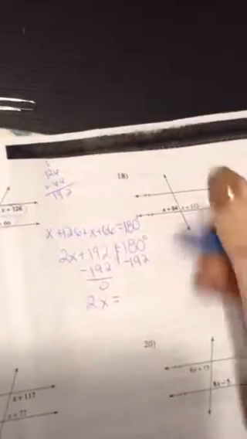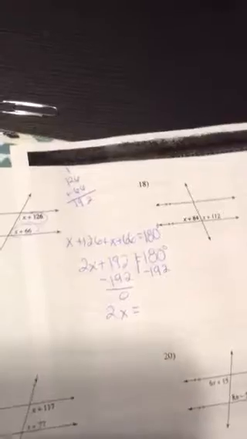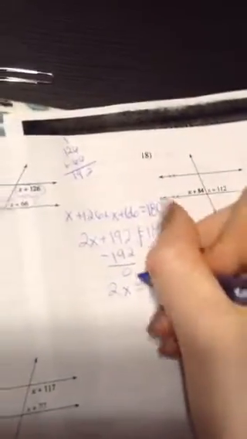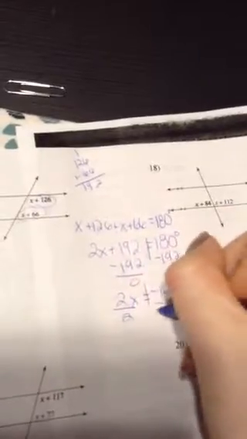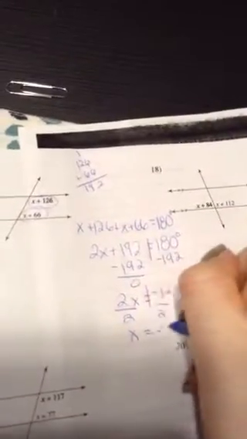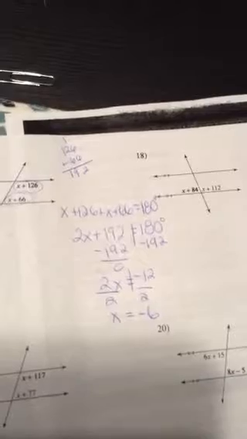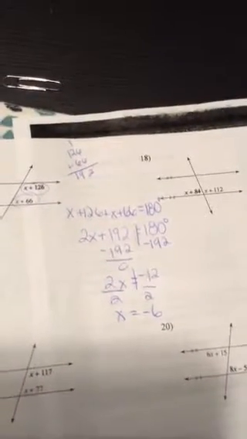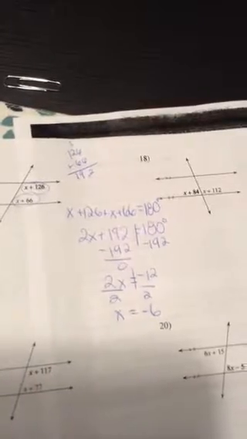I would get 2x equals 180 minus 192, which would be a negative 12. I divide by 2, divide by 2, x equals negative 6. So x is negative 6.